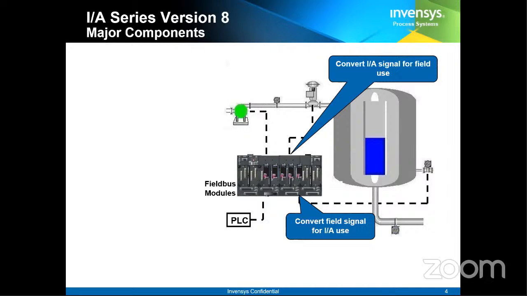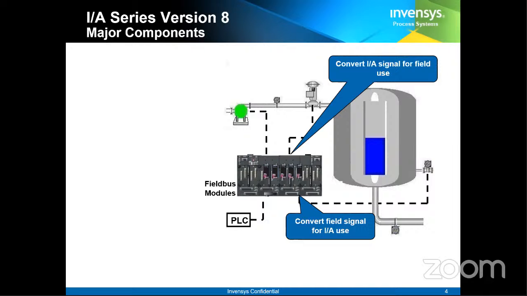Right now, in DCS or in process applications, if I'm talking about refineries or power plants, we do not use simple transmitters. Now it is the generation of smart transmitters. These smart transmitters need a communication protocol. For that, they can use HART, Profibus, or Fieldbus.